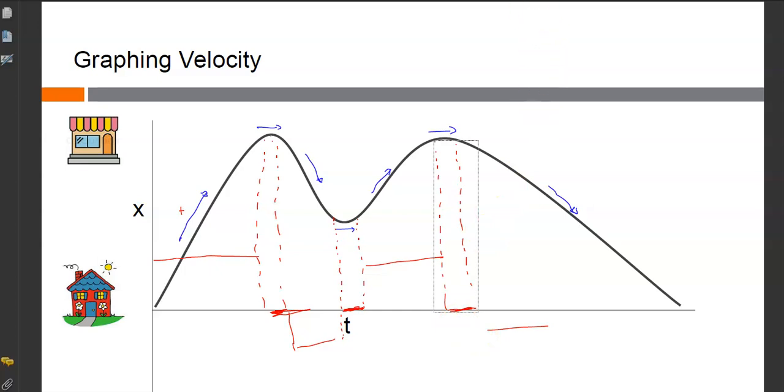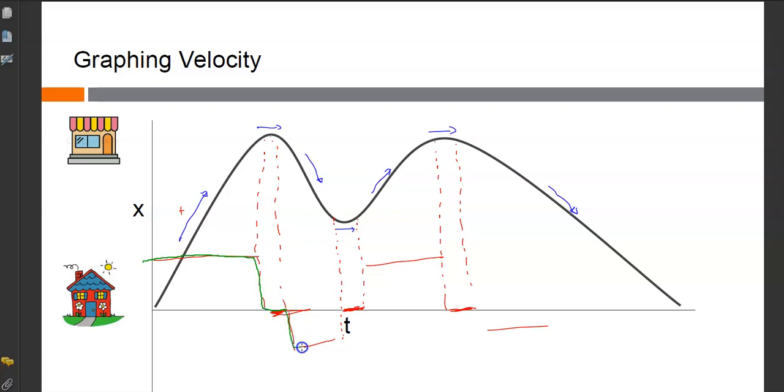I'm going to try to draw this, but I don't think it's going to let me. Let's see if changing colors helps at all. The graph of that velocity would start here, and he goes across with a positive velocity, and it drops to 0. He's not moving while he's in the store.